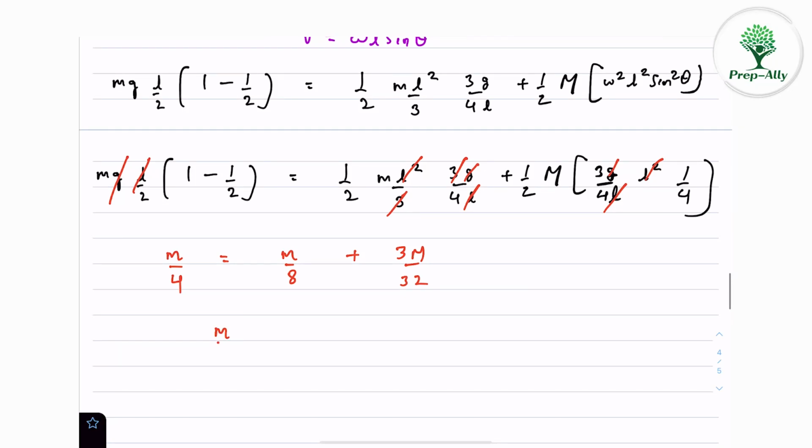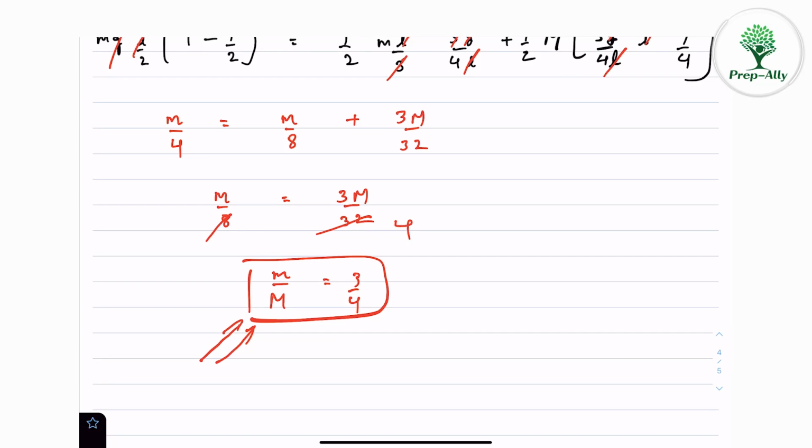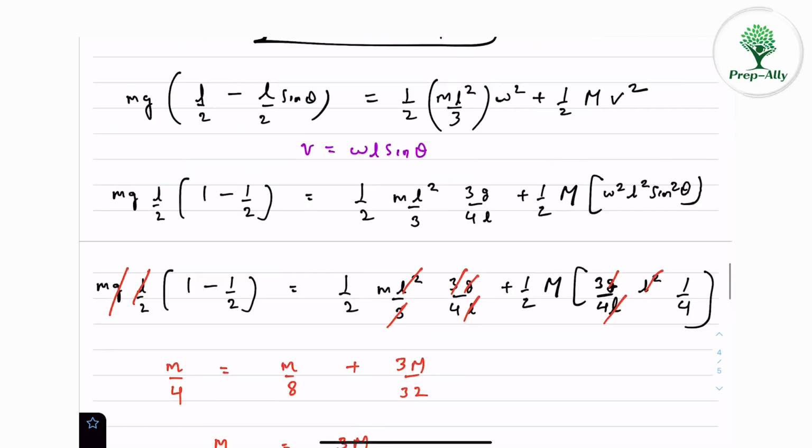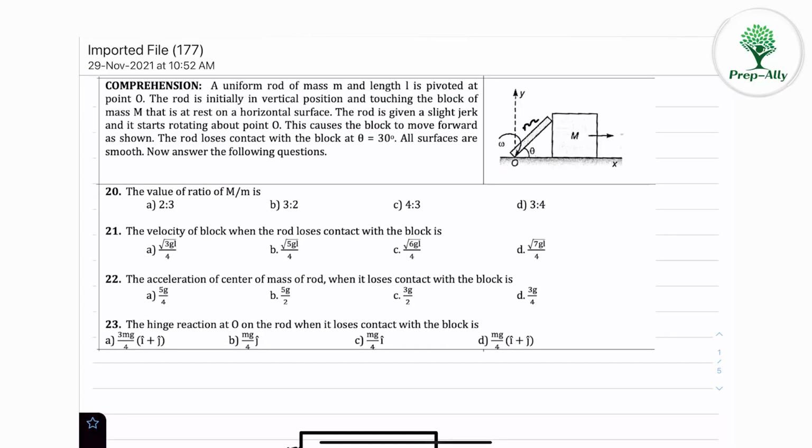So we get m by 8 is equal to 3m by 32, which means small m by capital M is equal to 3 by 4, which means for contact breaking to be happening at 30 degree, small m by capital M is 3 by 4. So this is the first part, the value of the ratio: 3 by 4 is m by M, or 4 by 3 is capital M by small m.